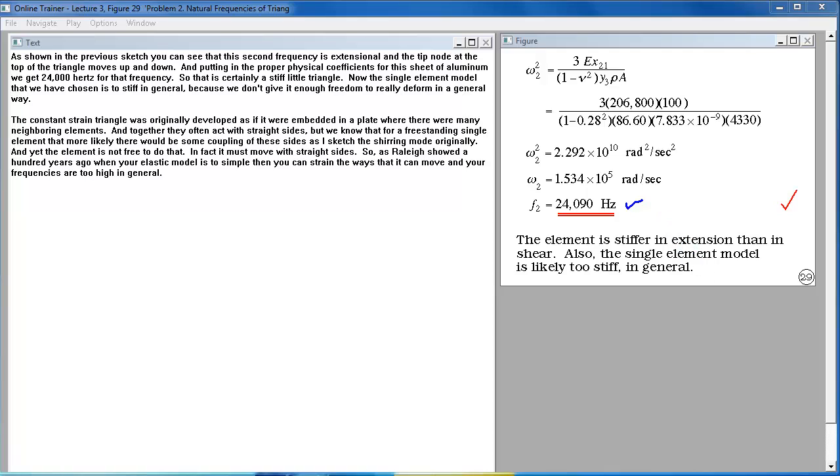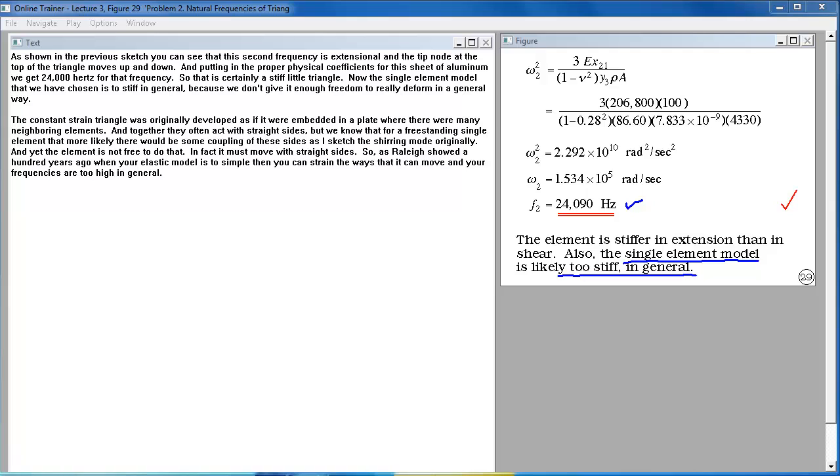Now, the single element model that we have chosen is too stiff in general because we don't give it enough freedom to really deform in a general way. The constant strain triangle was originally developed as if it were embedded in a plate where there were many neighboring elements, and together they often act with straight sides.